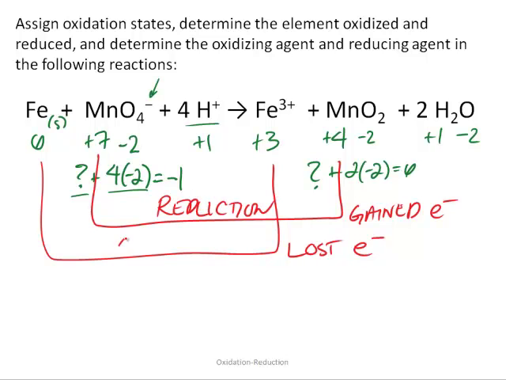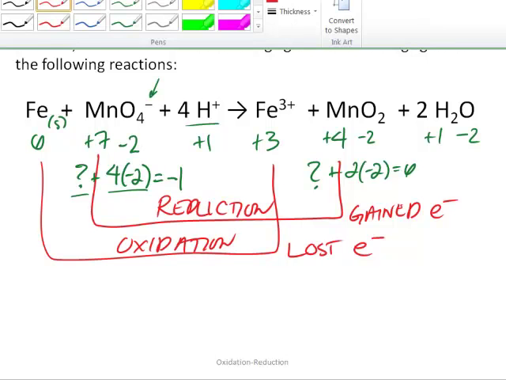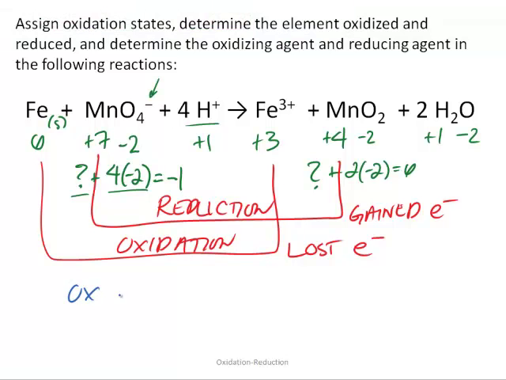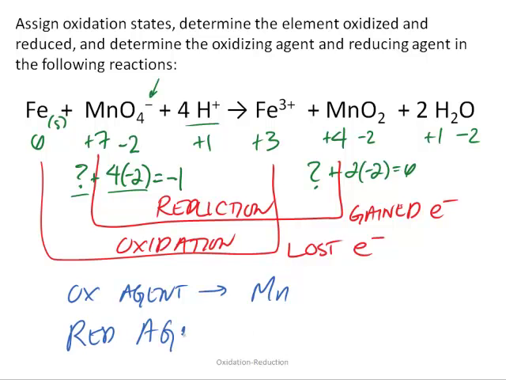And this is our oxidation reaction. And so we can also think about now, what is my oxidizing agent? It is the element that's being reduced, so that's manganese. And then my reducing agent is the substance that's being oxidized, and that is iron.